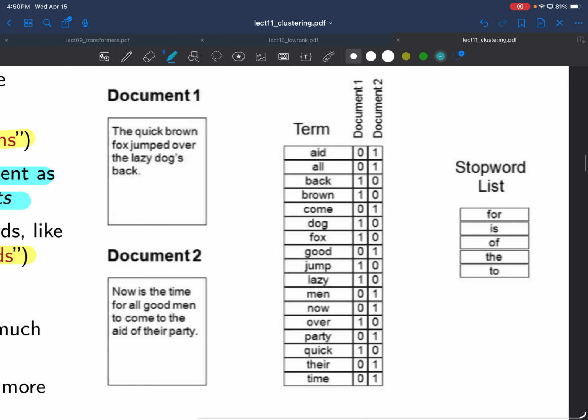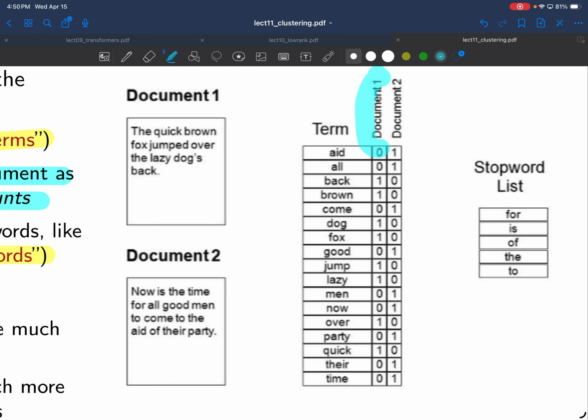So in other words, here you can see document 1. Document 1 has used the word "aid" 0 times, has used the word "all" 0 times, used the word "back" 1 time, and so on. If it used the word "back" 2 times, there would be a 2 here, and so on. So this is how we have basically coded the document.